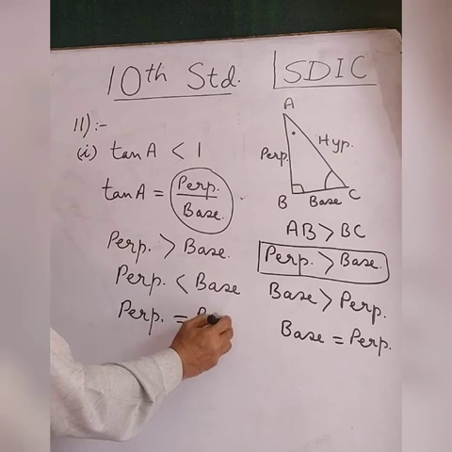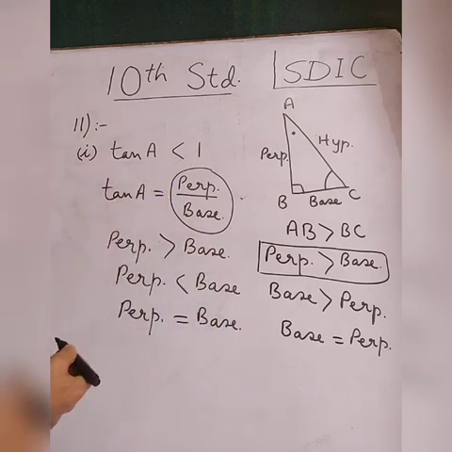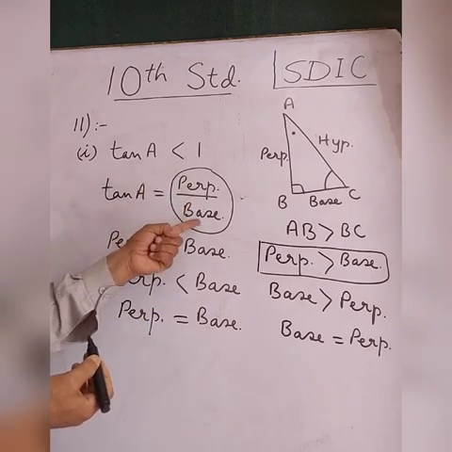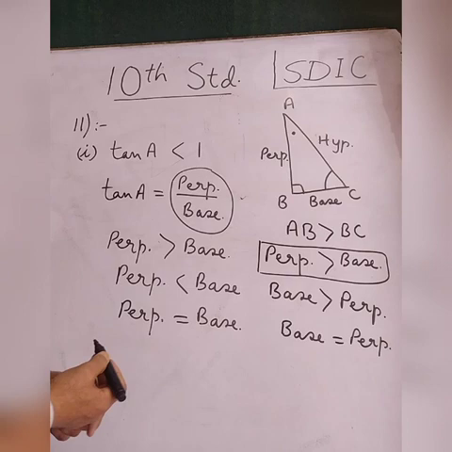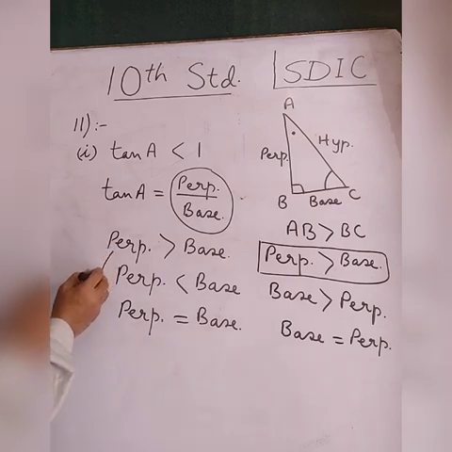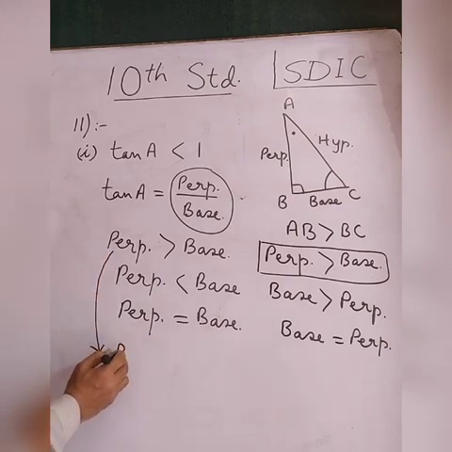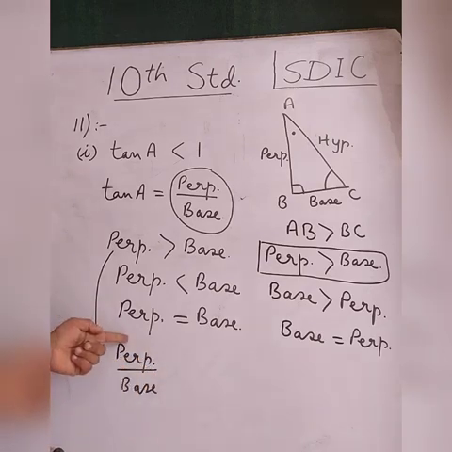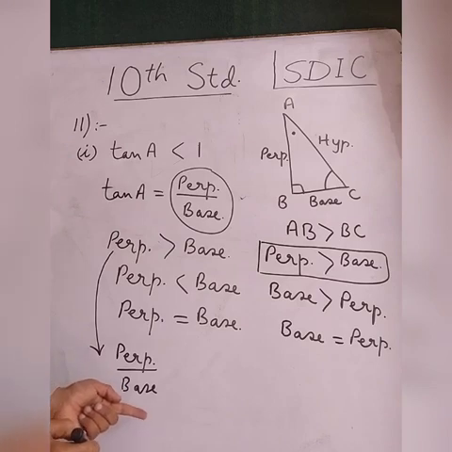Perpendicular equal to base. This is the third option. Now applying these here. If perpendicular is larger than base, in case of the first option, means numerator is larger than the denominator.